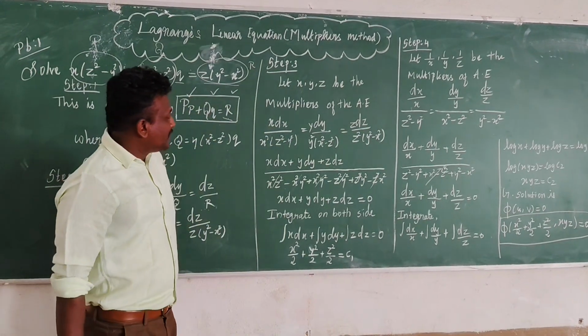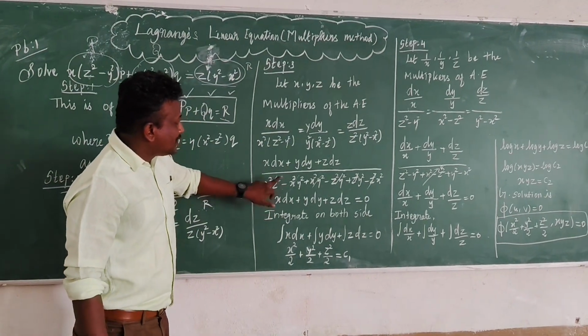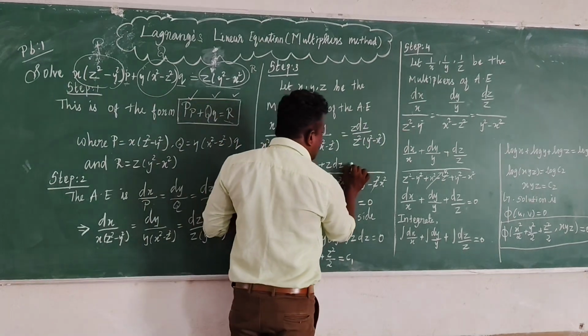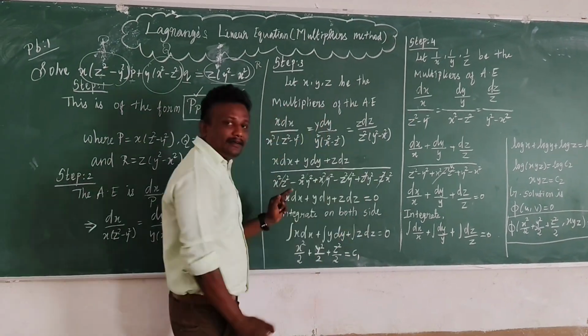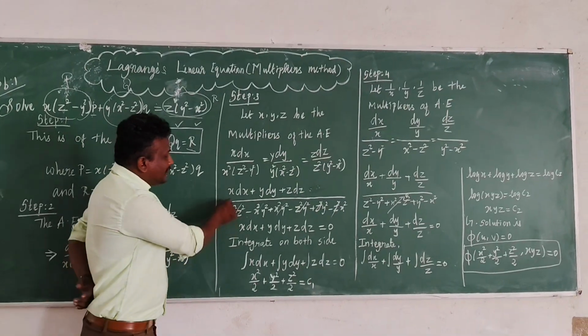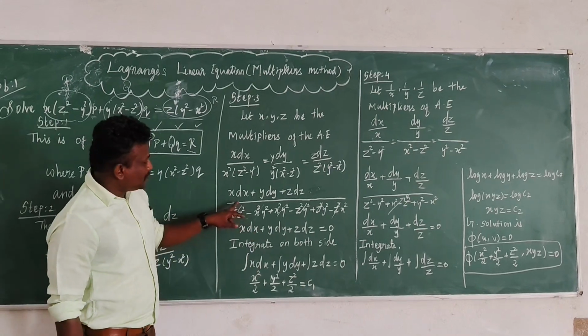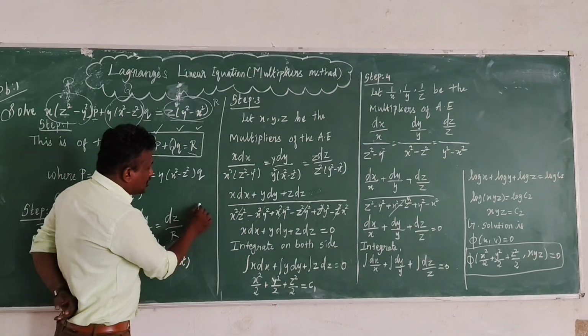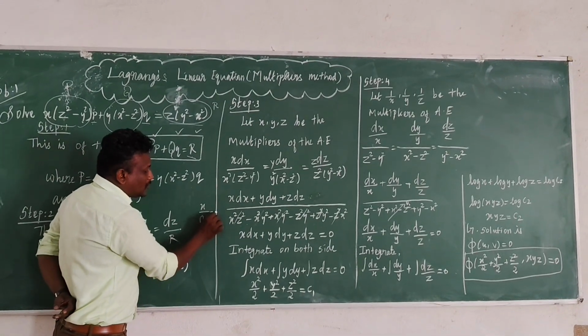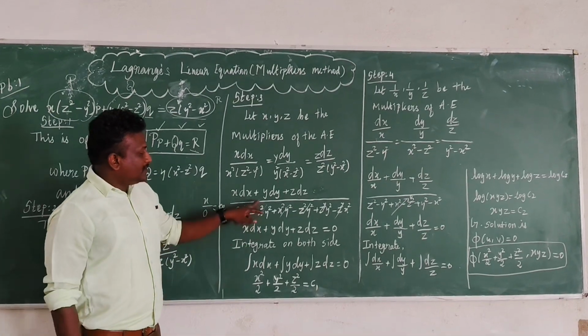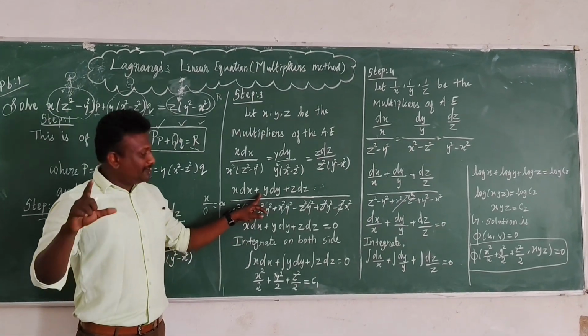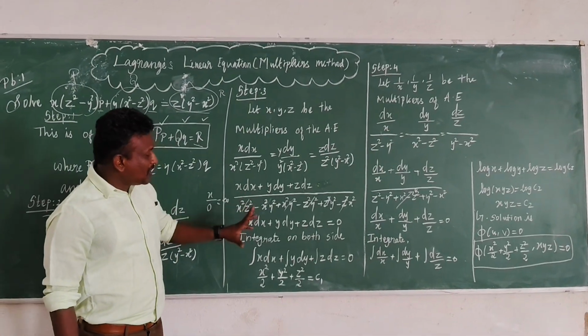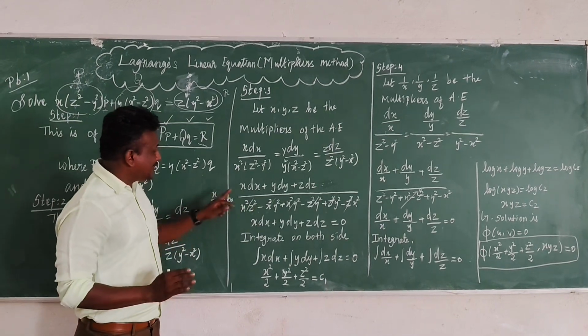There is a rule: if your denominator is 0, then your numerator is also equal to 0, right? Here, you may get a doubt: suppose anything divided by 0 is equal to infinity. This is the common doubt that everybody can have. You should not apply that rule here.